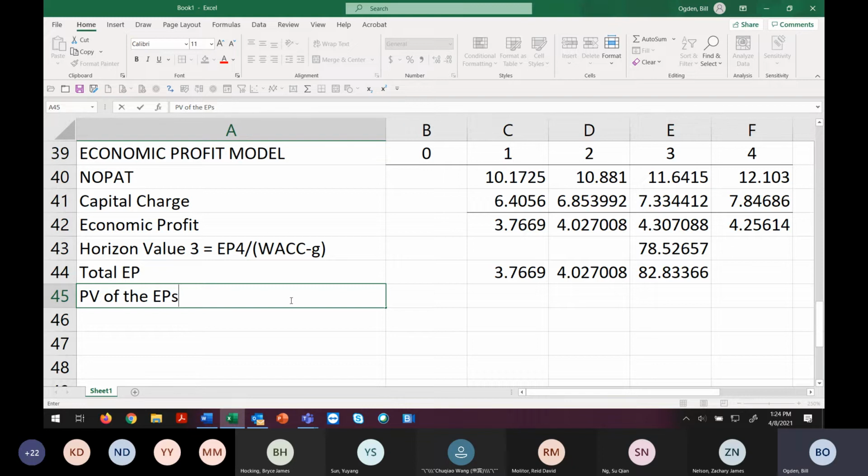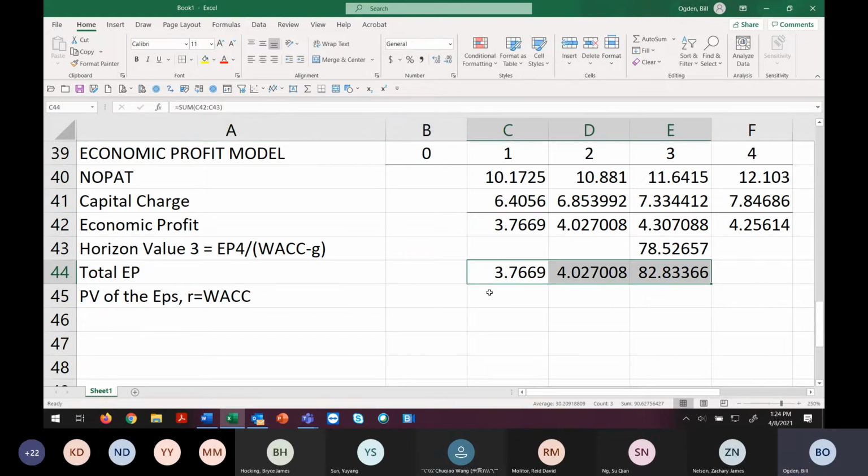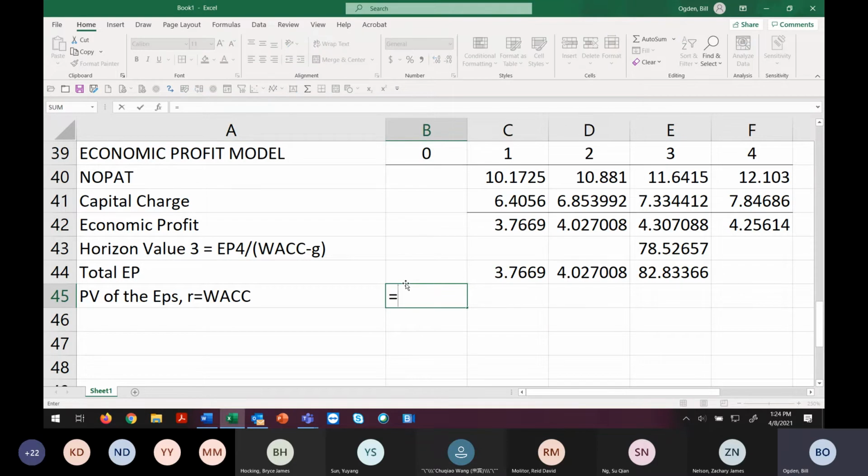Well, this present value, R equals the WACC. Okay, so let's do a present value of these three. And once again, we'll employ the NPV function. All right, and you know the discount rate.